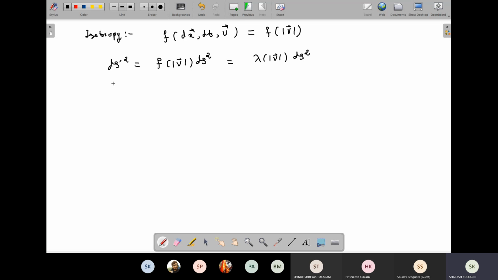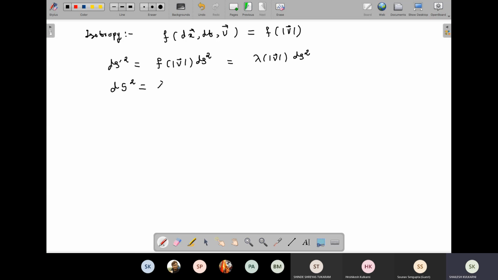But we should not give any importance to the k frame over the k prime frame, right? That means a similar statement must hold if I go from the prime frame to the unprime frame in the reverse way. If I want to write the expression for ds square, then what should I have to write?